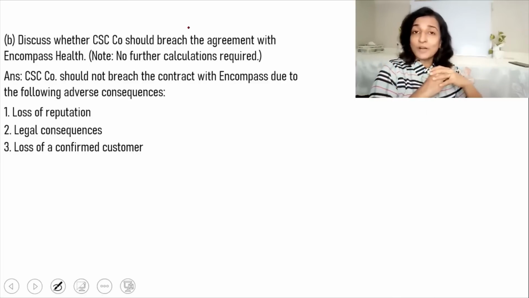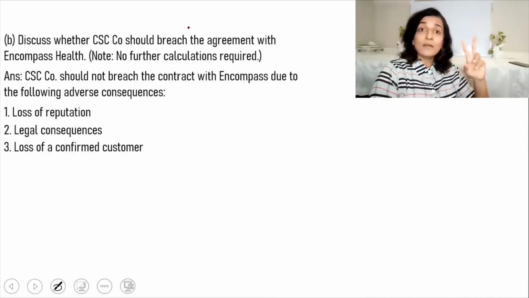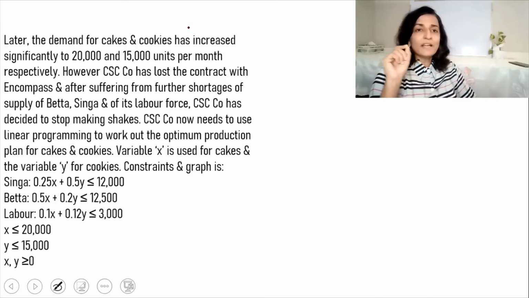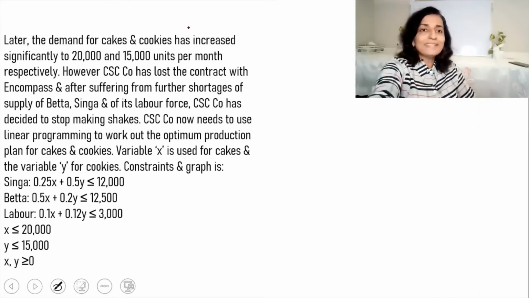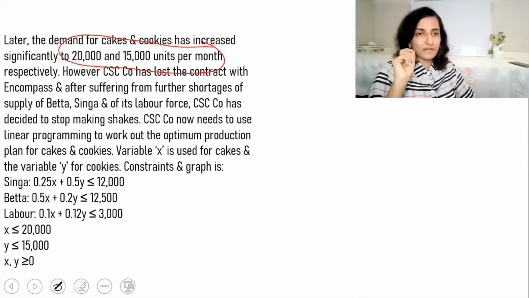Now coming to the third part of the question, which involves linear programming. In linear programming, there is not a single limiting factor, but there are multiple limiting factors. Let's take a look at part 3 of the question. Later, the demand for cakes and cookies has increased significantly to 20,000 and 15,000 units per month. So the demand has increased. Now, however, CSC company has lost the contract, thank God.